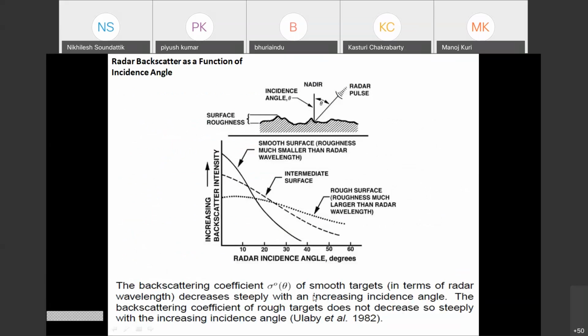The backscatter coefficient of a smooth surface decreases steeply with increasing incidence angle. The backscatter coefficient of a rough target does not decrease so steeply with increasing incidence angle. So the rough surface will give intermediate backscatter at the various incident angles, but the smooth surface will appear darker with increasing incidence angles.